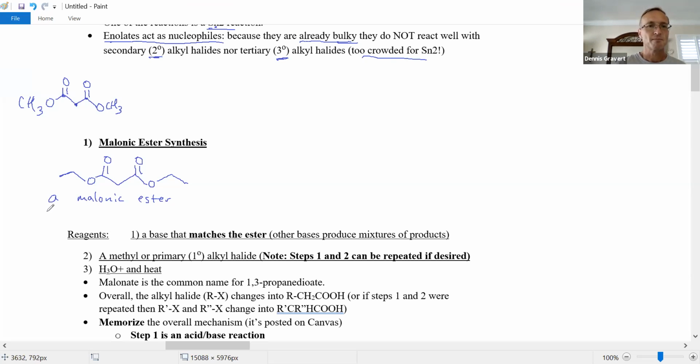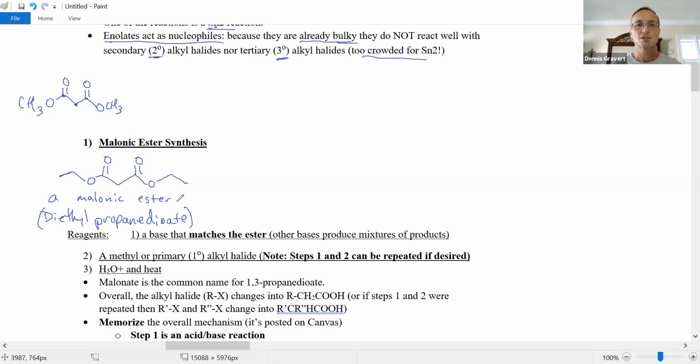I'm not going to ask you to name it, but for those of you who care, diethyl propanedioate. I'll put it in parentheses because you don't have to know that, but there you go. Maybe you want a 1,3 in front of the dioate, but not required. Carbons 1 and 3 are the only place you can put the ester group.